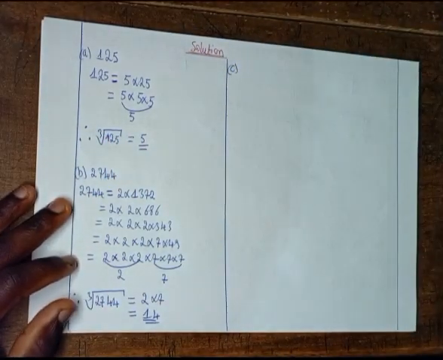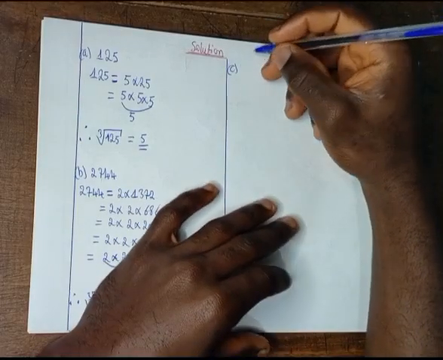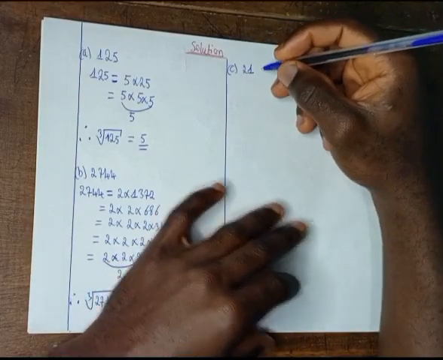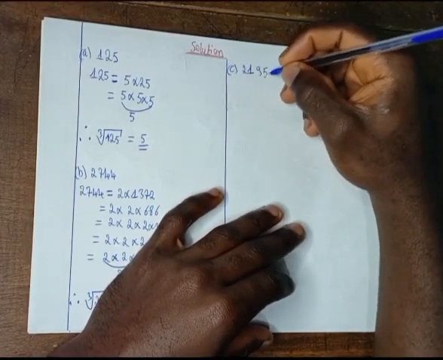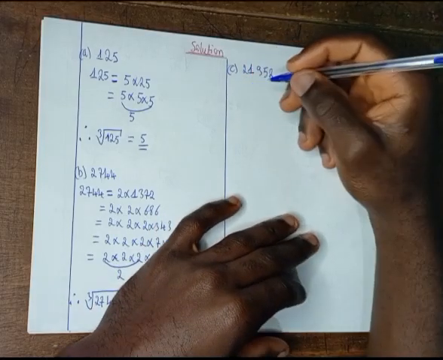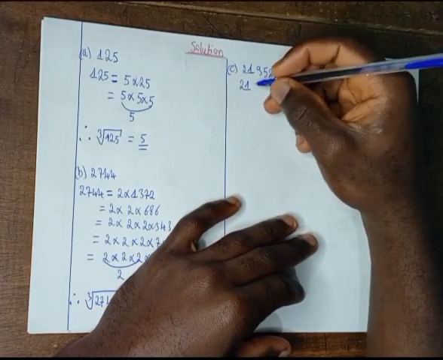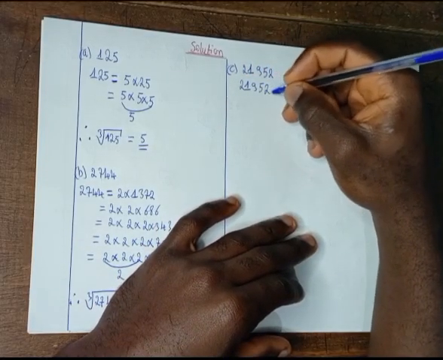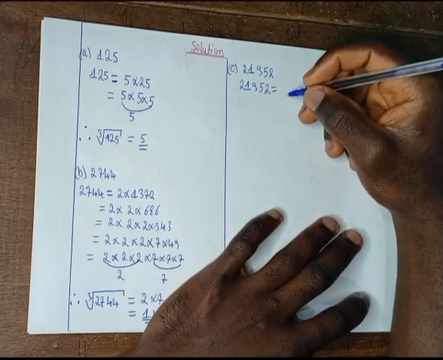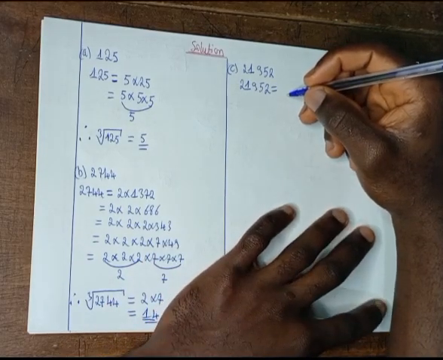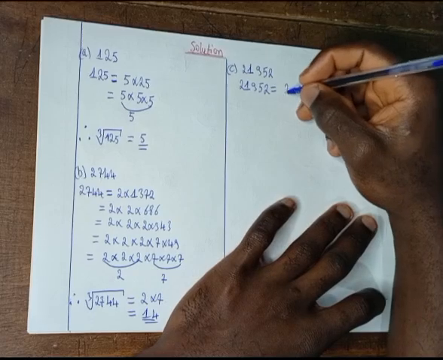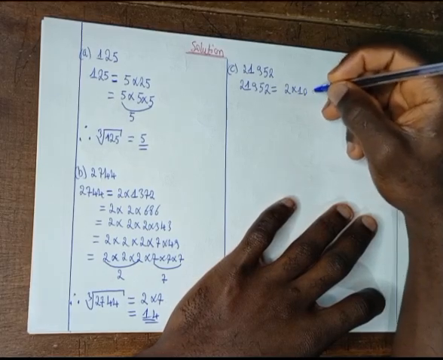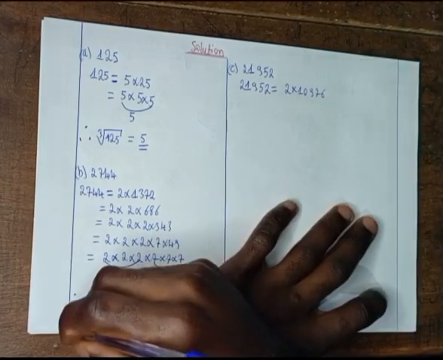Now go to question C. For C, we have the number 21,952. We need to start by prime factorizing this number. If you divide this number by 2, we are simply going to obtain 10,976. So this will give us 2 times 10,976.